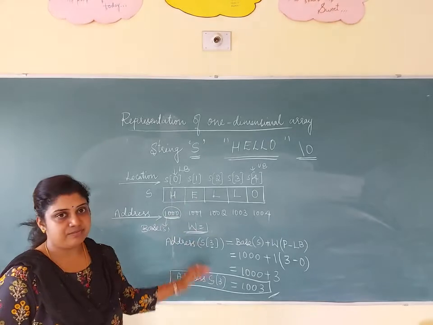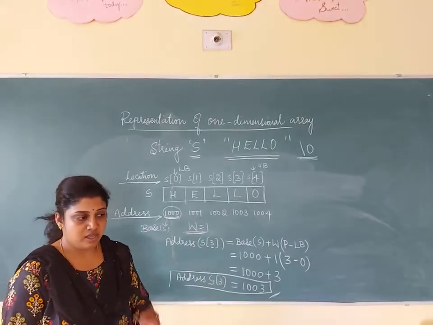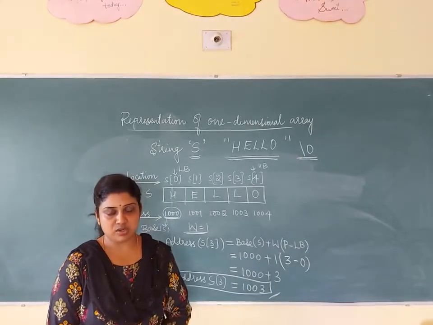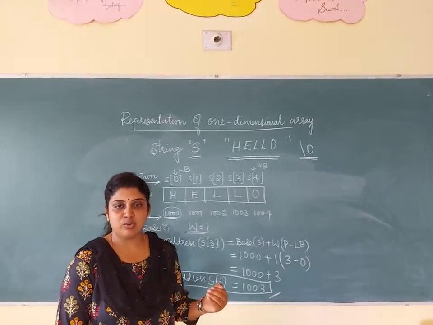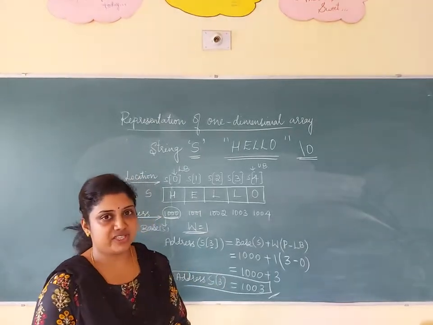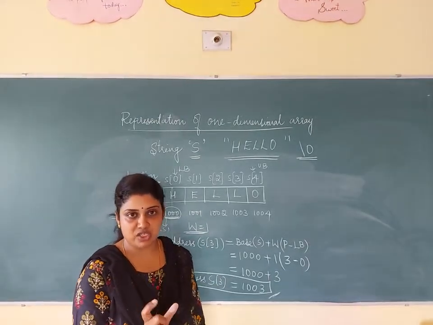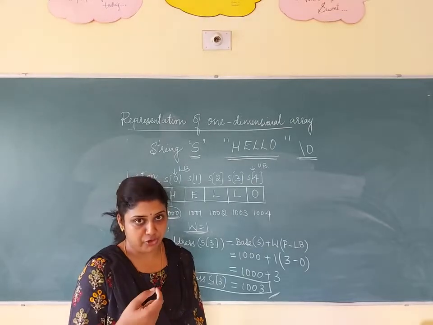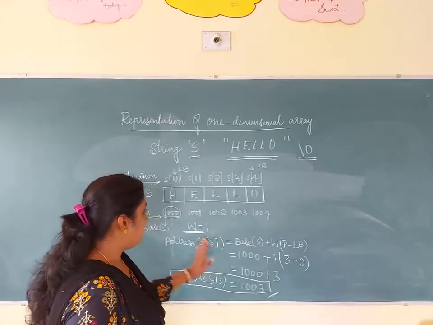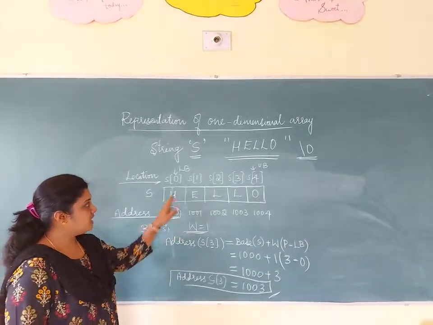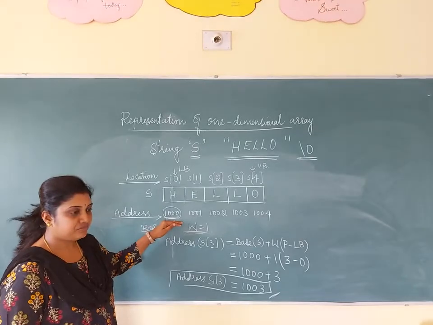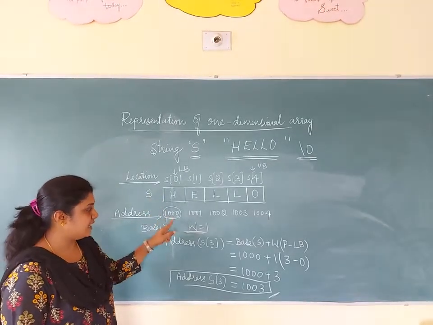Now, the example I have taken is a string. A string is a set of characters enclosed within double quotes, and a string always ends with a null character. To find an address, first you have to take a location, meaning the position at which you are going to find the address, followed by the base address. Base address means beginning address. You should not consider the location for it. The beginning address will become your base address, the address of the first element.